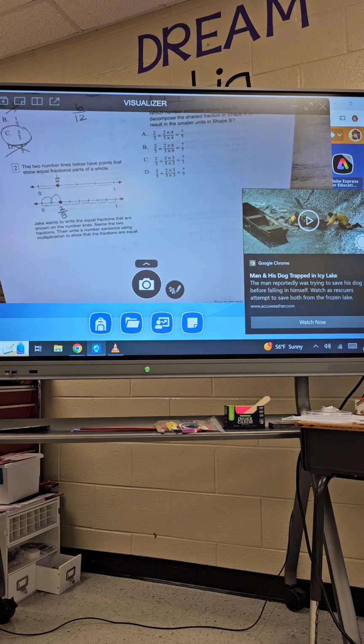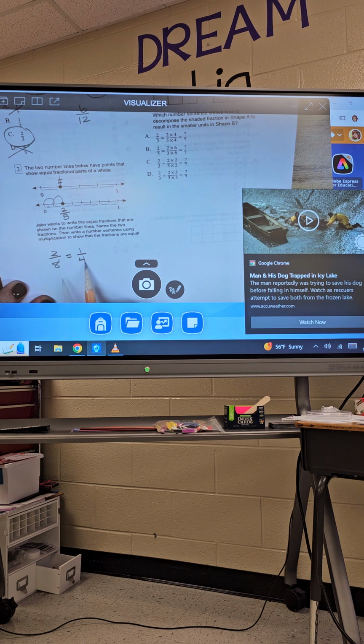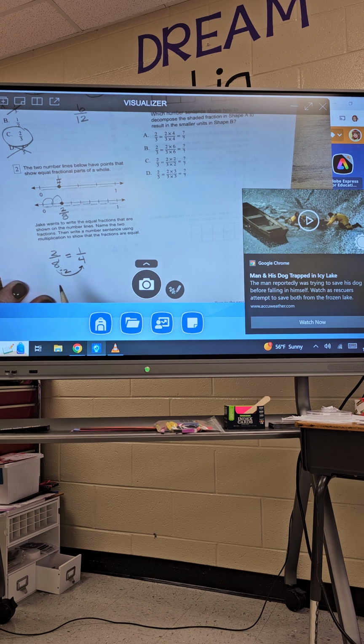Okay, there we go. 2/8 is equal to 1/4 because going from 8 to 4, I'm going to divide by 2, and going from 2 to 1, I'm going to divide by 2.